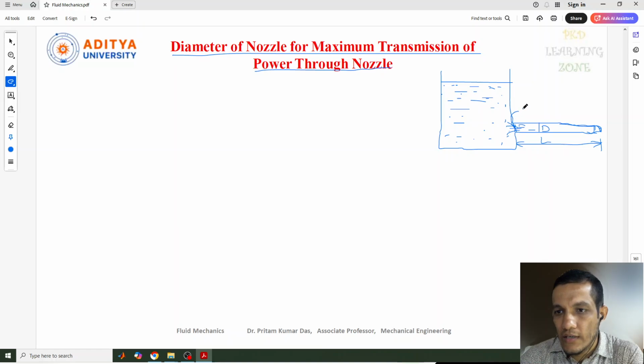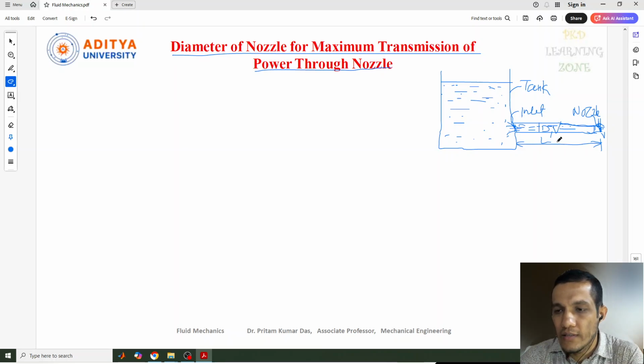This is the inlet, this one we can name the tank, and this is the nozzle part. Small d is the diameter of the nozzle, and the velocity coming out from this nozzle is small v, and the velocity of the fluid flowing through this pipe is capital V.